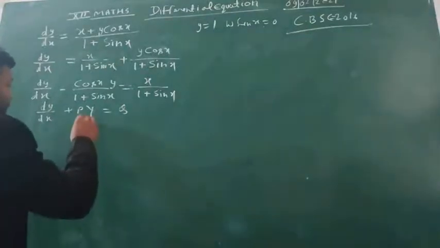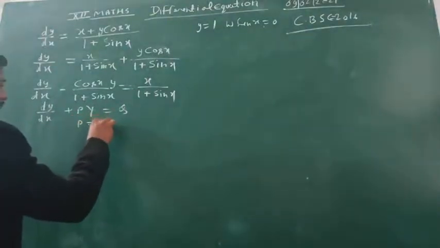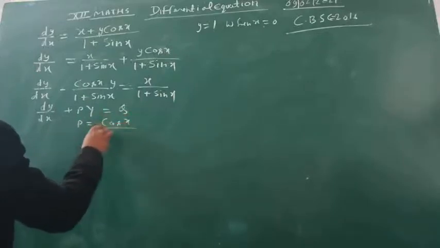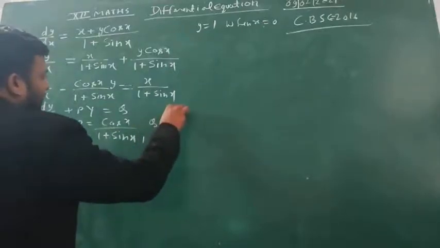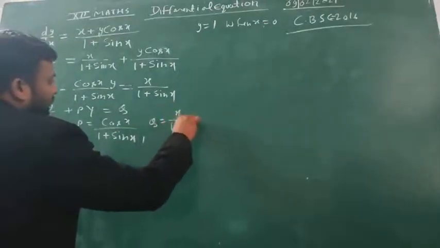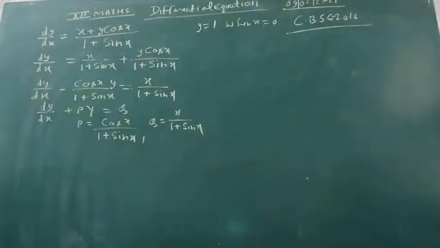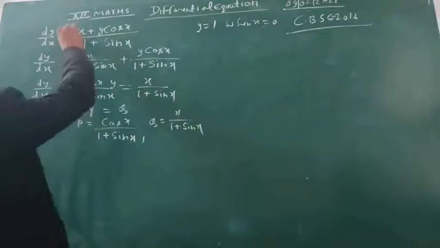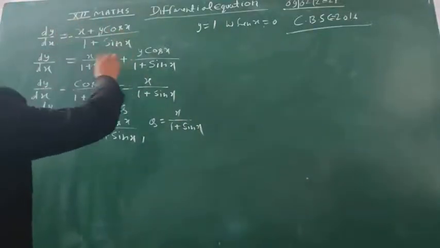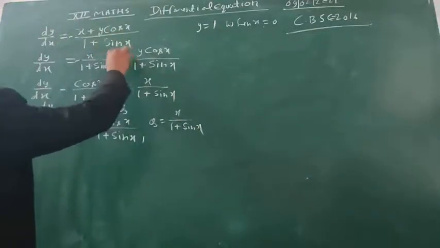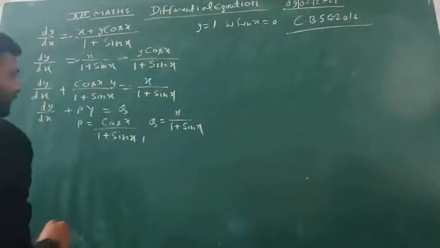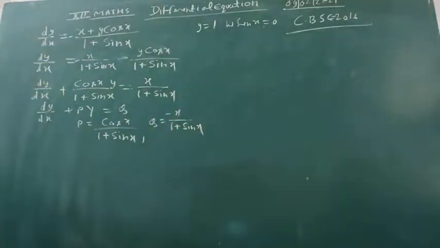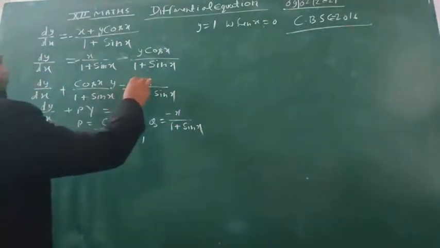When we compare, our p is minus cos x by 1 plus sin x, and q is x by 1 plus sin x. Since in the question there is a minus sign, p will be negative.